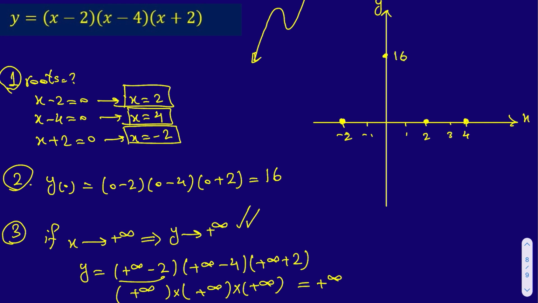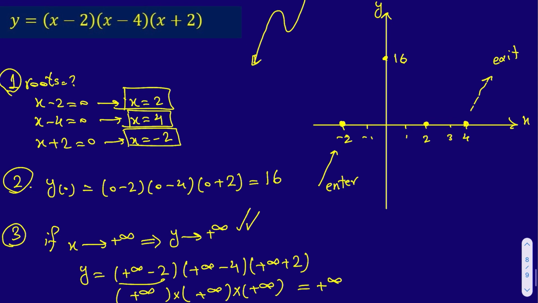Let's say here is 16, and then goes up and then comes down and enters the next root and then exits the last root from here. So this will be the point of exiting. Here will be entering.